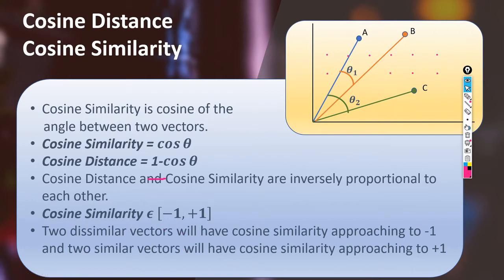Now there is another kind of distance called cosine distance and cosine similarity. Here you can see we have three vectors, vector A, vector B, and vector C. These are two-dimensional vectors for simplicity, in the vector space. Now, what is cosine similarity?